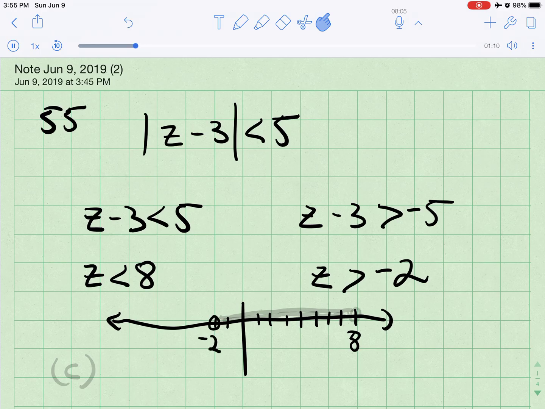So I'm going to say open circle here, everything in between. Okay? That comes out to be what? That comes out to be choice C. Do you see it? Choice C. That's 55.